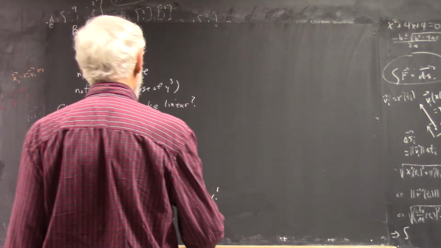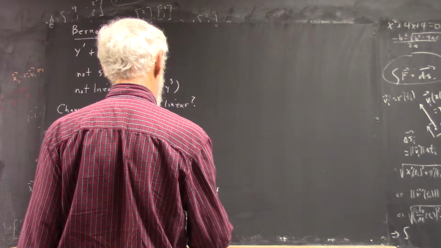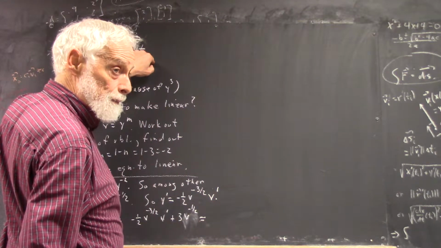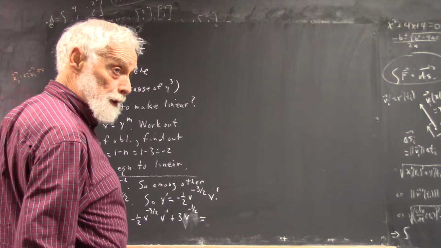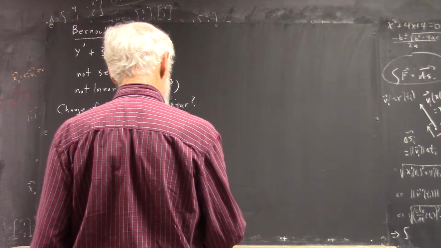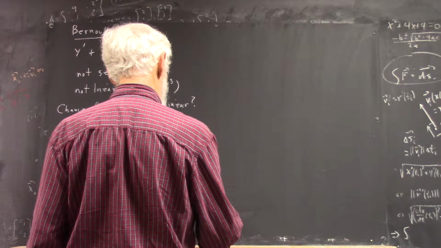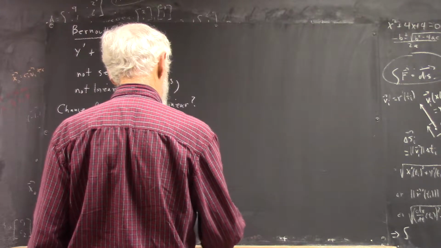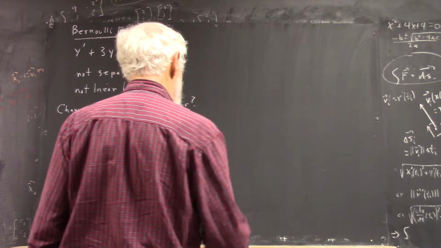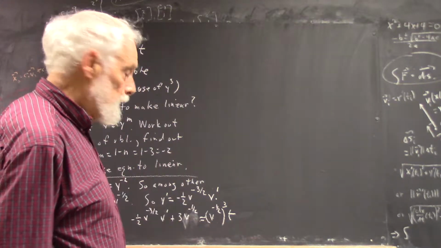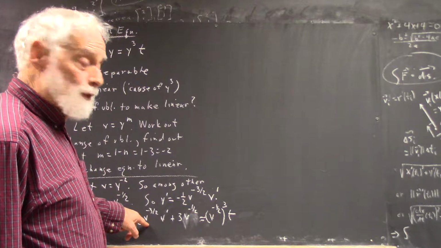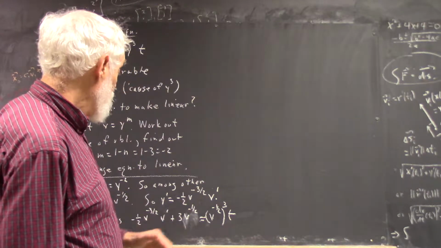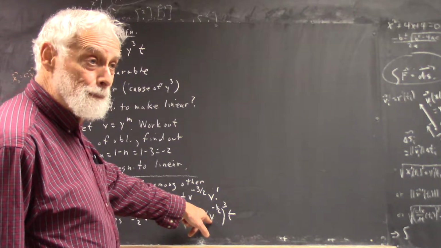And this should then equal y cubed t. Well, again, y is v to the negative 1/2. What's v to the negative 1/2 cubed? It's v to the negative 3/2. So if I multiply through by v to the 3/2, that's going to go away.